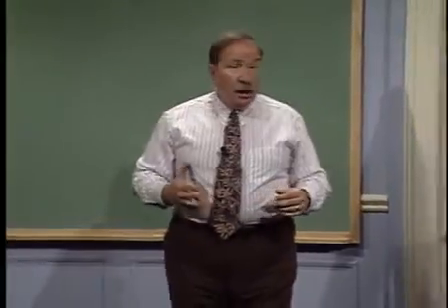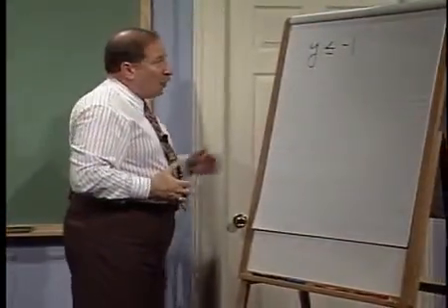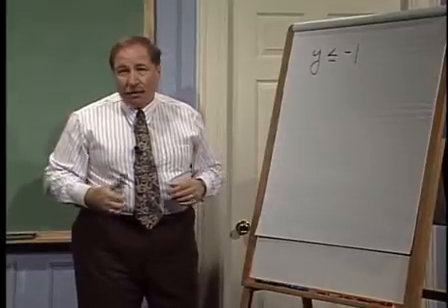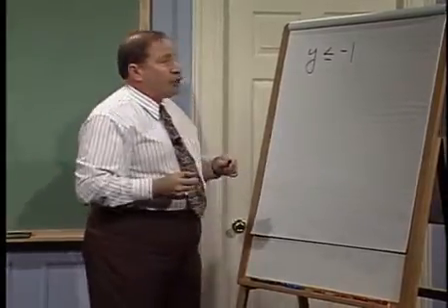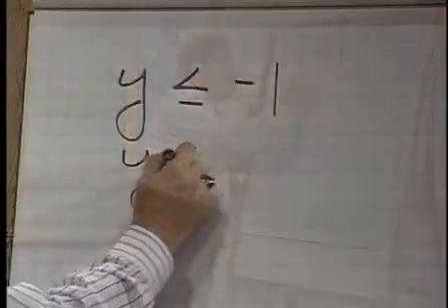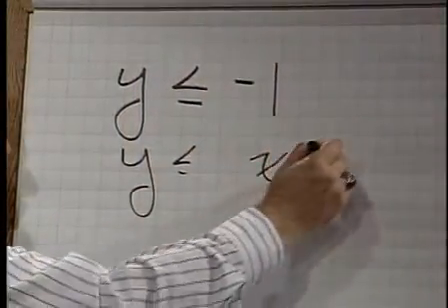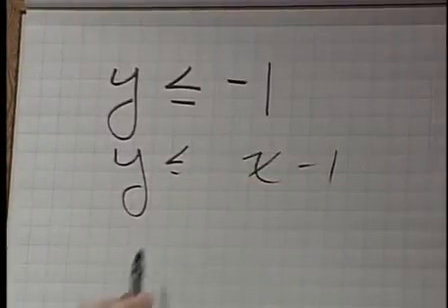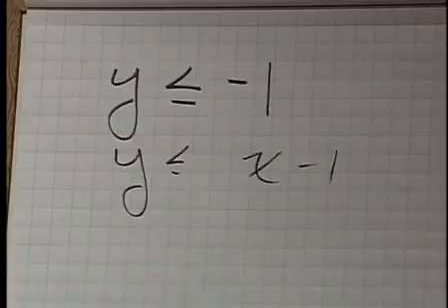Now, let's go back to my promise to show you how we can write this in y is less than or equal to mx plus b form. You say there's no x. You're right. We have to put something in front of the x that's a slope, and it's got to make the x go away.